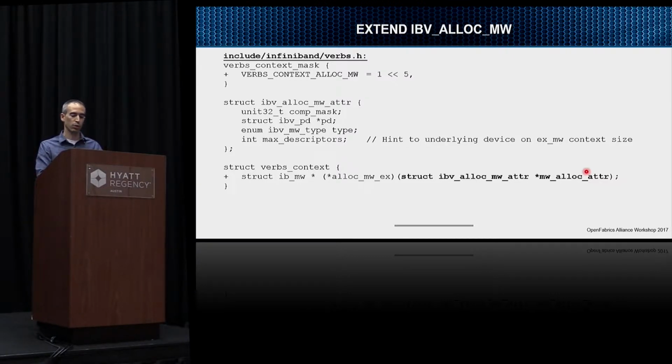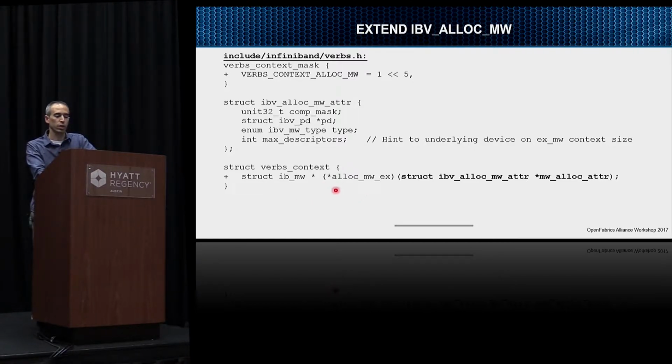The way we suggest to do it is to extend the alloc memory window. In this slide, we see a suggestion on how to define a new alloc memory window EX using the already existing verbs extension scheme. The verbs already have a scheme for being extended, and we suggest to use that scheme.